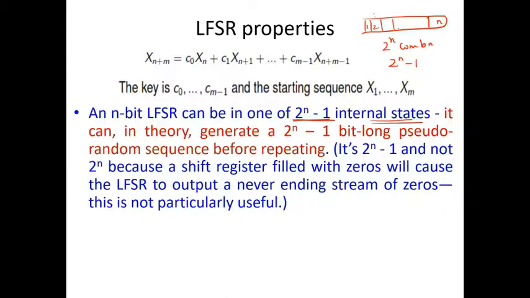Because if you remember, to compute the feedback function, we are using XOR gates. Which combination should be avoided in an XOR operation? Which combination do you think will result in the same value always?